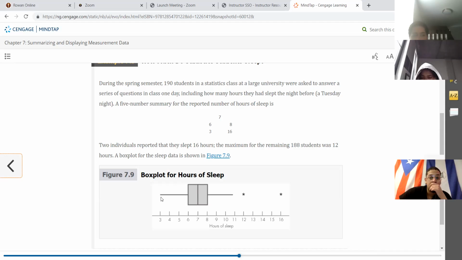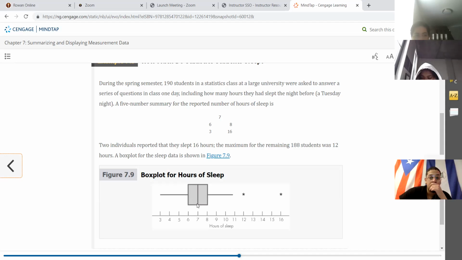And we can see the smallest number. Now, what does the box represent? That is the middle 50%. The left part of the box is Q1, the lower quartile. That's 6. The right of the box is the upper quartile. That's 8.